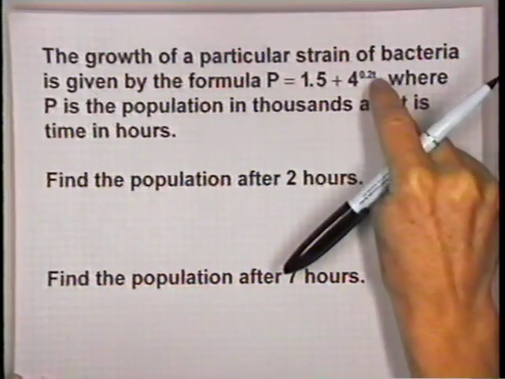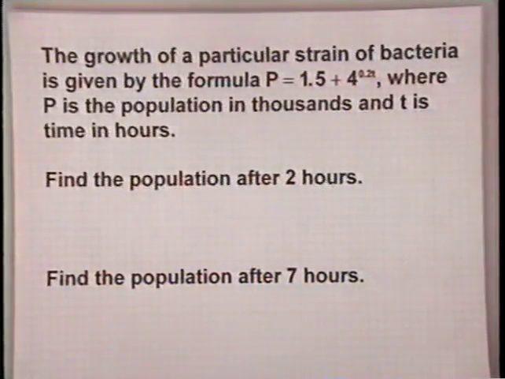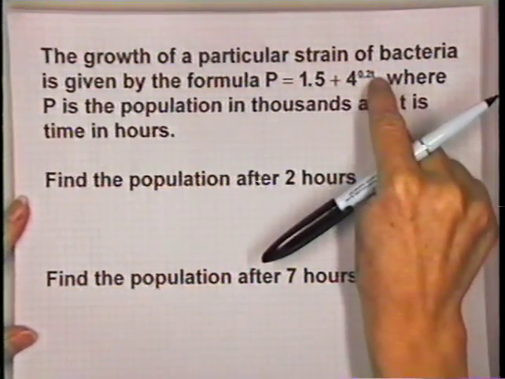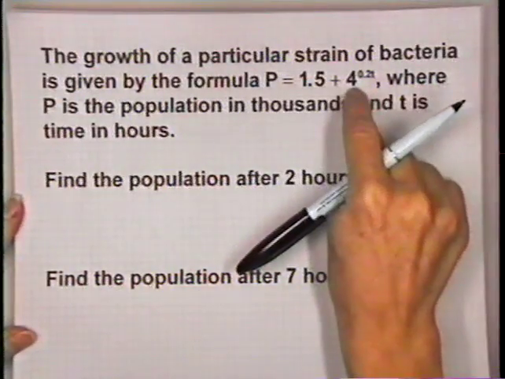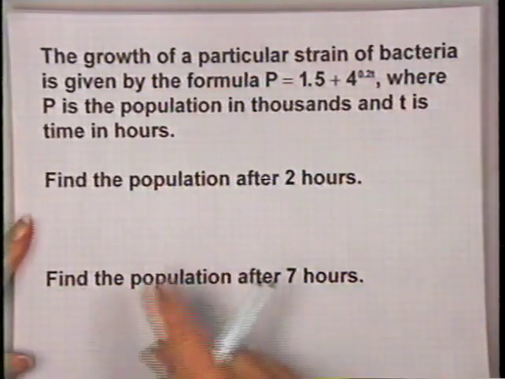Notice where your variable is. It's up here in the exponent, where p is the population in thousands and t is time in hours. So this would be considered an exponential function because our variable is up here in the exponent and we have a constant base.